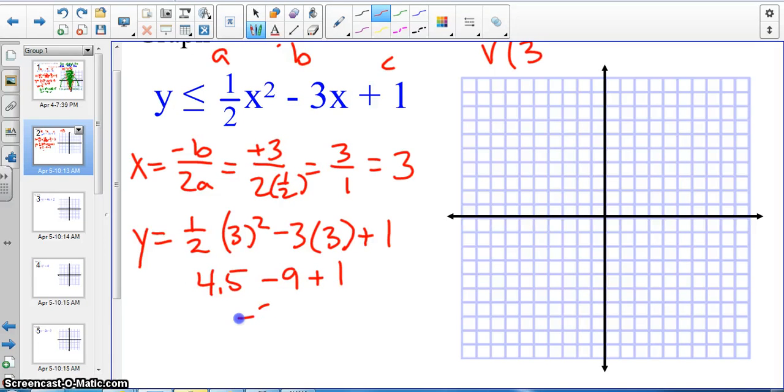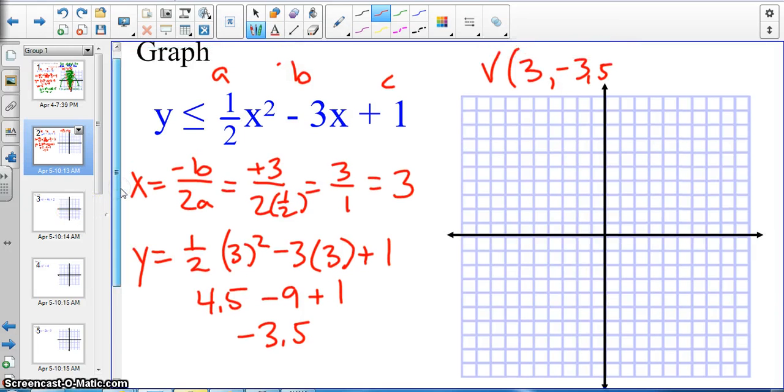Combine those, I get negative 3.5. So my vertex is 3, negative 3.5, right here in between 3 and 4. Negative 3 and negative 4.